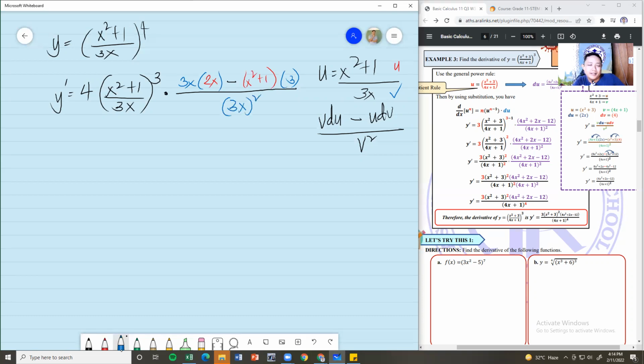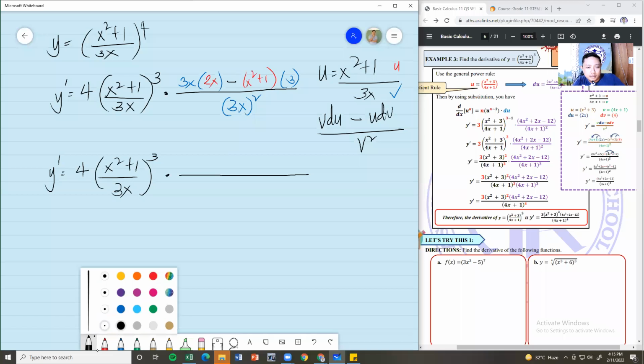3x squared. Okay. And then we simplify. So we will have here y prime is equal to 4 times, let's just copy this first, x squared plus 1 over 3x raised to 3 times, multiply 3x times 2x.